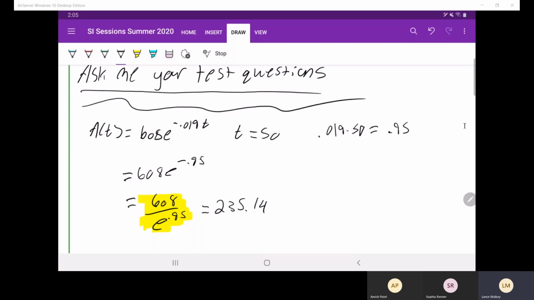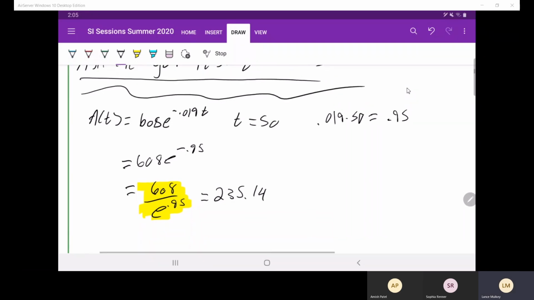It's not e to the 1. If you plug in e to the 1, it's 224, not 235. So you can't do that without a calculator. That's about all I can help you with right there.